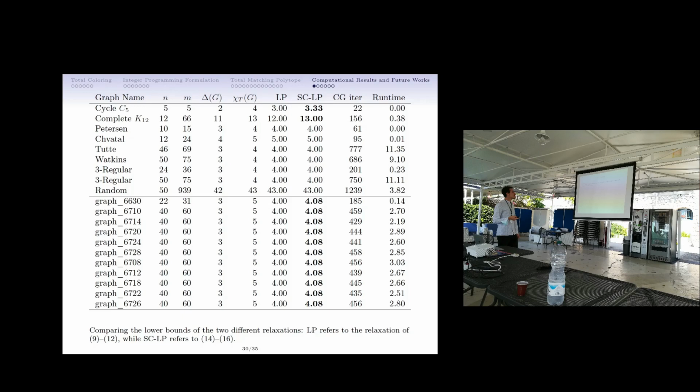We can compare the LP relaxation of the set covering model with a column generation iteration in that column here.